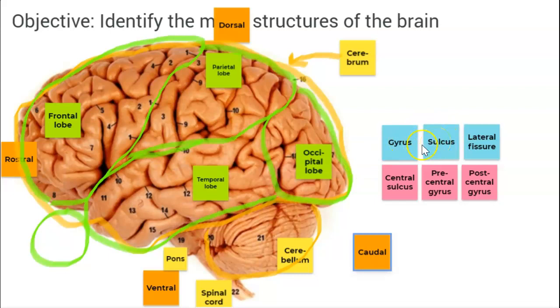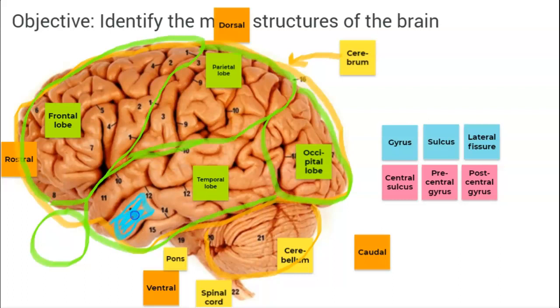So a gyrus is a bump, and a sulcus is a valley. So when we are looking at these, the gyrus, I'm trying to think of a big chunky one, and we'll give it a little highlight here. All right, so this surface area here is the gyrus.